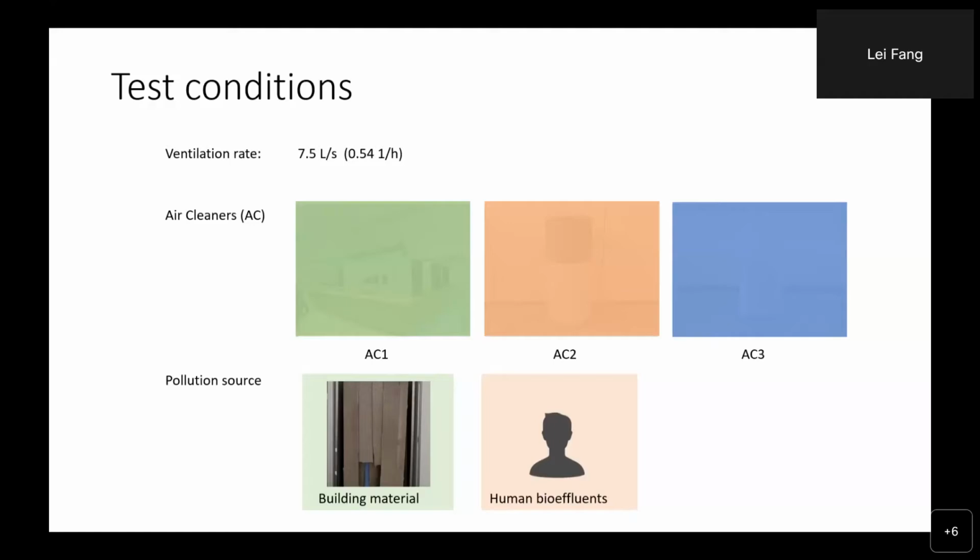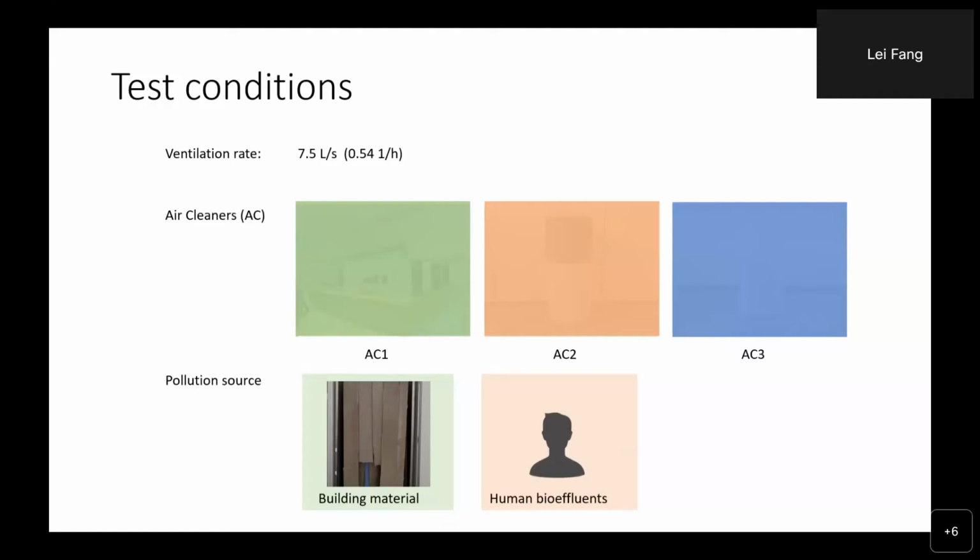One is the building material. Mostly these are some carpet and other flooring materials, like linoleum and some PVC flooring material. And we also use human biofilms. We use the real human subject as a pollution source.